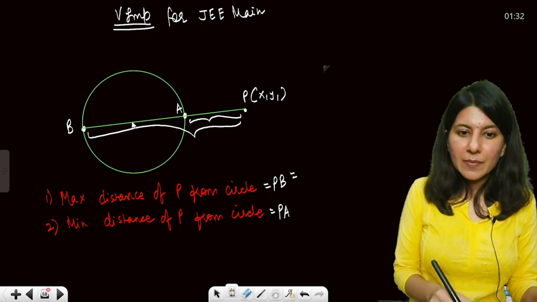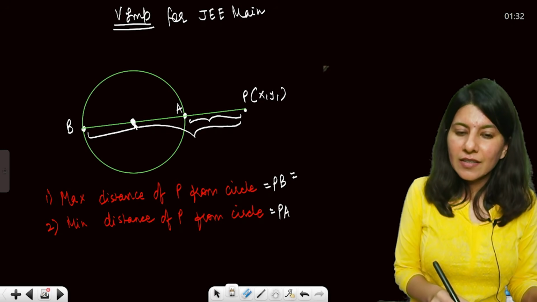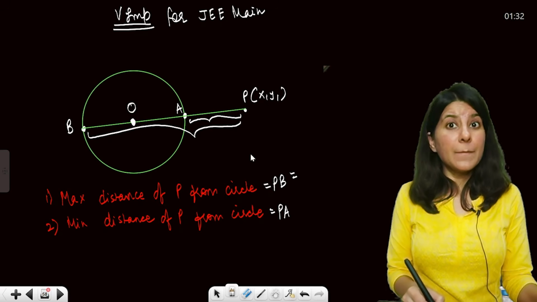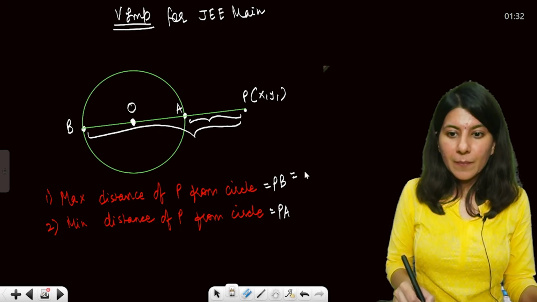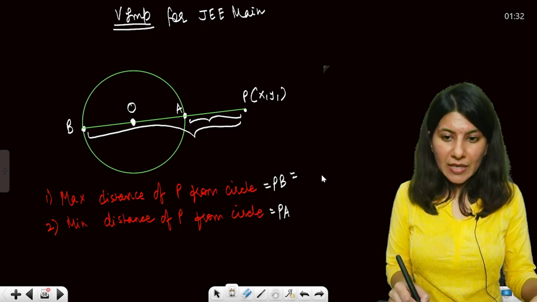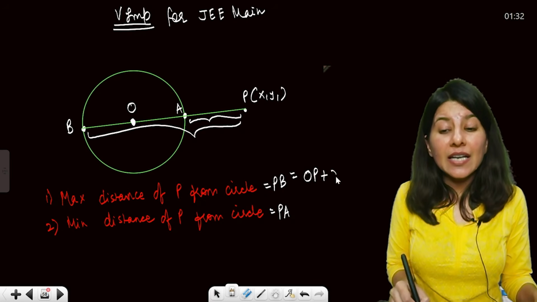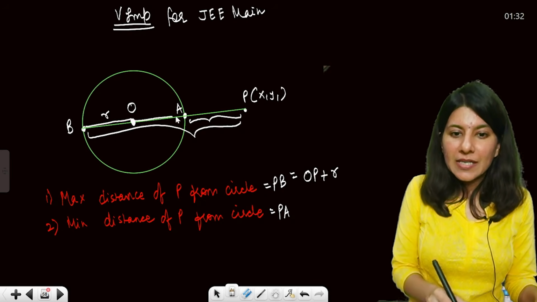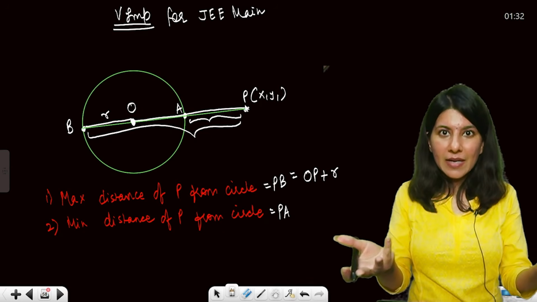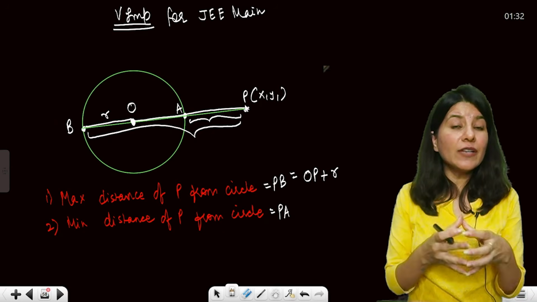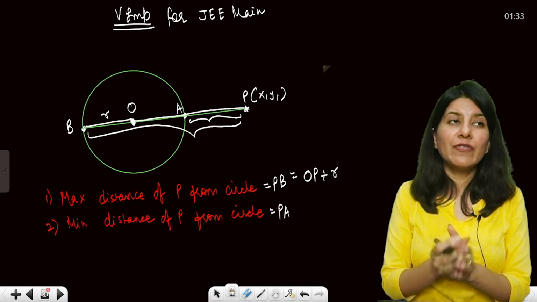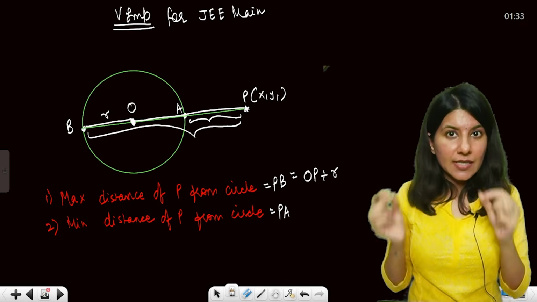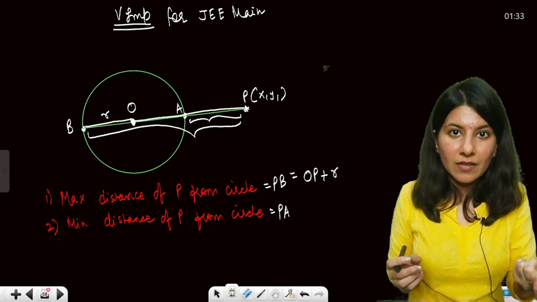Now PB. This is your center, right? O is your center. PB will be PO, or OP you can say, plus the radius of the circle, right? So OB plus OP is the maximum distance. You can easily calculate the distance between point P and the center, right?